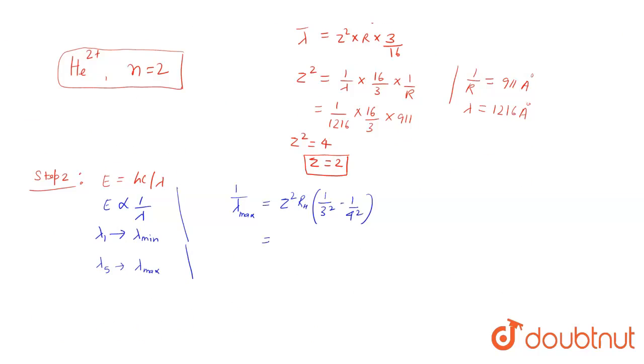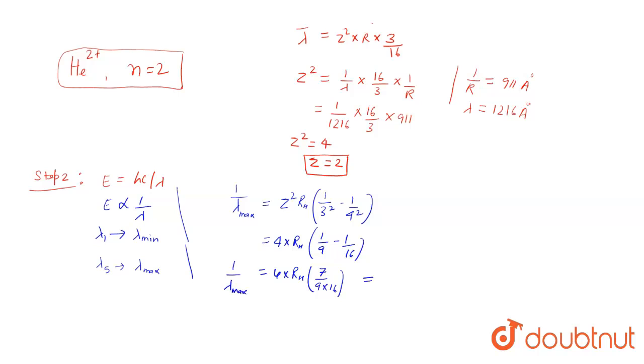Z square is equal to 4. It is 4 into RH into 1 by 9 minus 1 by 16. Then you will get 4 into RH, it is 16 minus 9, that is 7 by 9 into 16, and this is 1 upon lambda max.